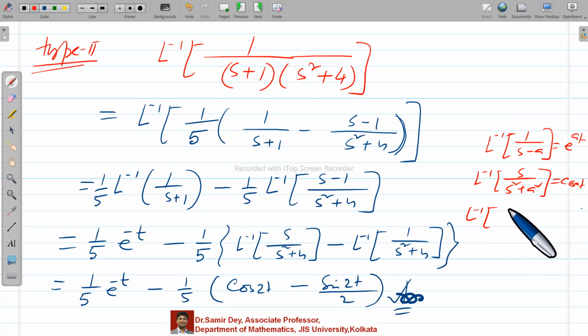And L inverse of 1 by s square plus a square is sin at by a. So these are the basic formulas. Without any partial fraction you can simplify it.